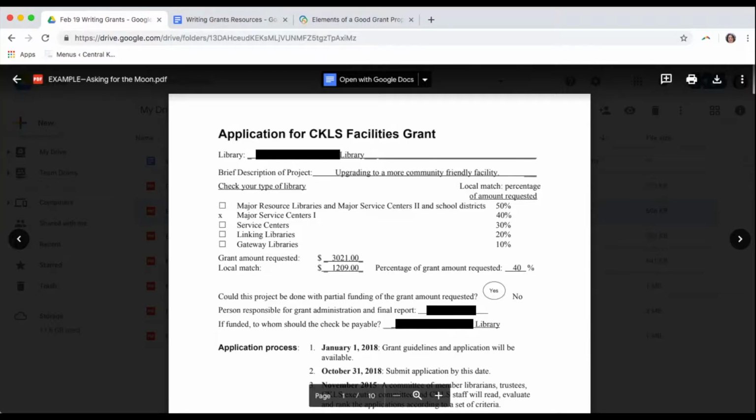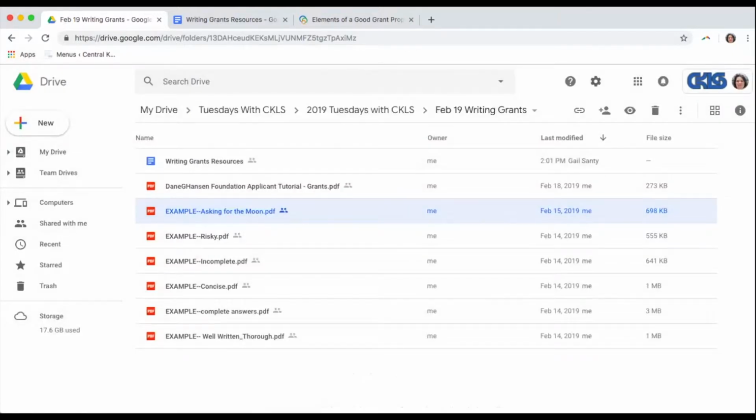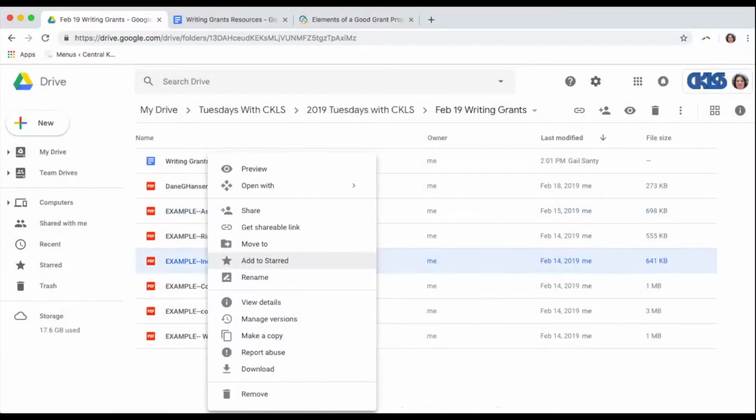This is Gail, and I'm not really sure if this fits in at this point of the webinar or any place else. One of the things that the CKLS Grant Selection Committee has started looking at and using as part of their evaluation is not only whether the library has received a grant in recent years and what the grant was for, but also how active that library is in the system.